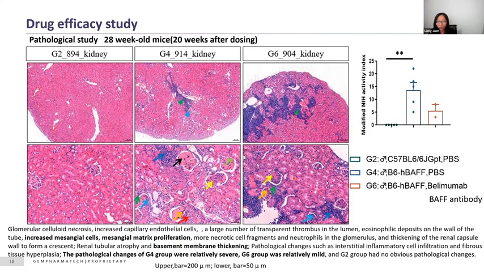In this pathological study, we also observed increased mesangial matrix proliferation and basement membrane thickening in the disease model, the BAFF transgenic mice. And after treatment with the BAFF antibody, the pathological change was milder compared with the disease model.